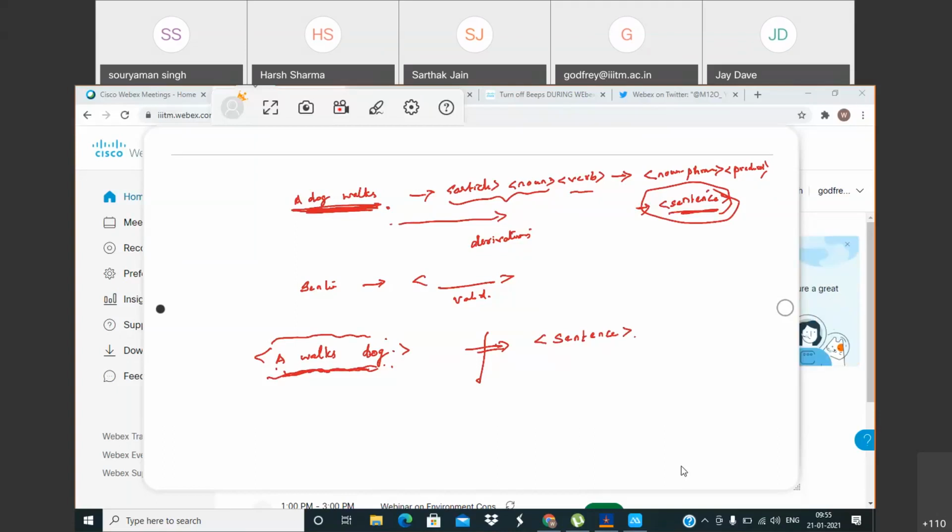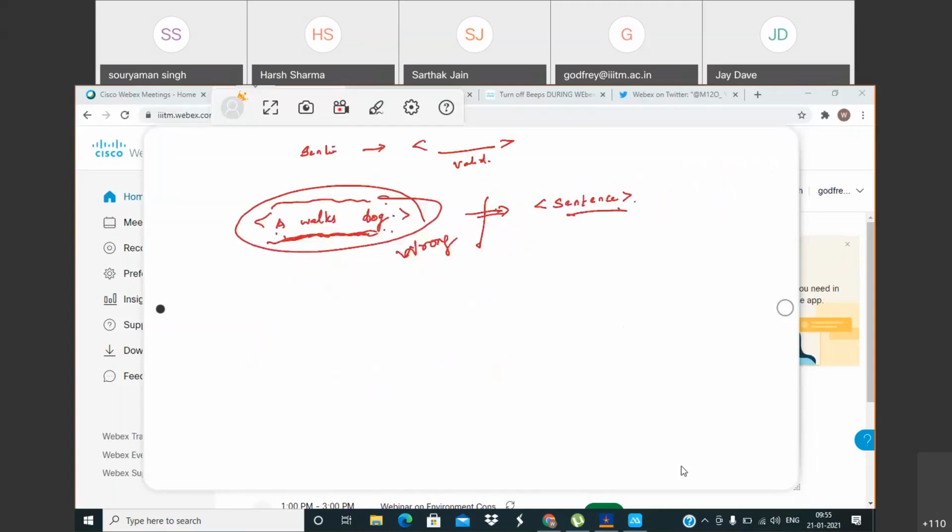Since I am not able to derive this, I say that this sentence is wrong. So the idea is the same: a similar idea is used in order to define the sentences in a language.